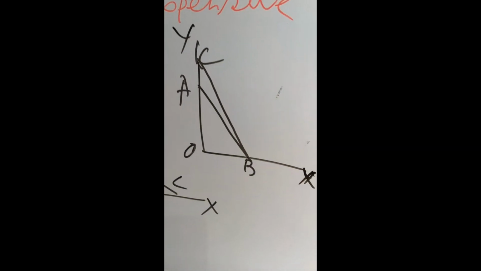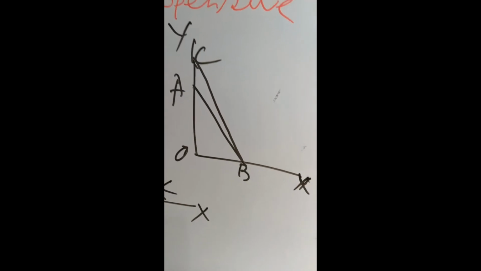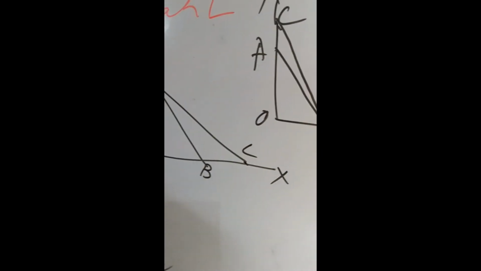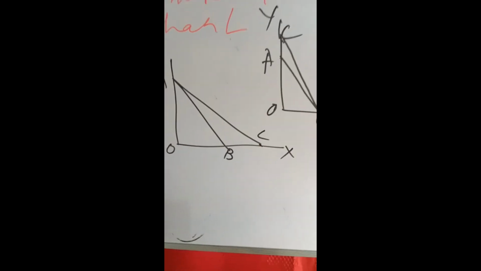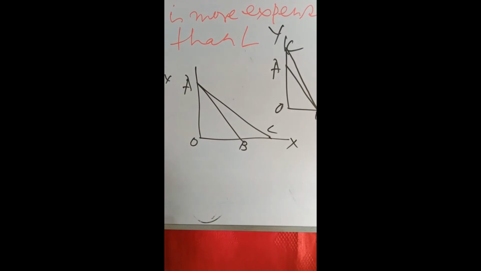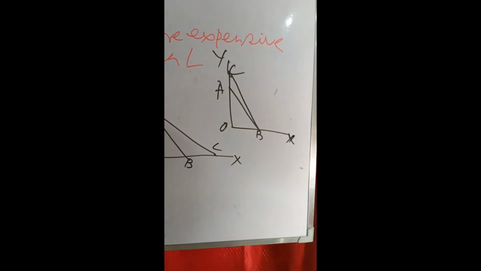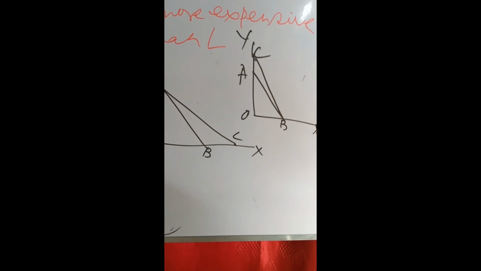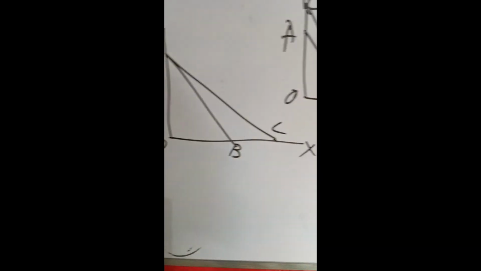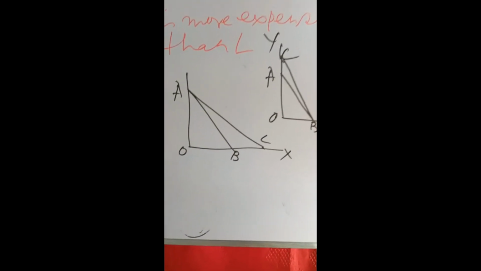So if price of any commodity changes, slope of the budget line also changes. Now slope of the budget line can also change if prices of both the commodities change but not in the same proportion. That means price of X and price of Y both have fallen but not proportionately.